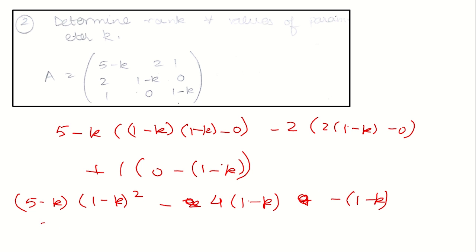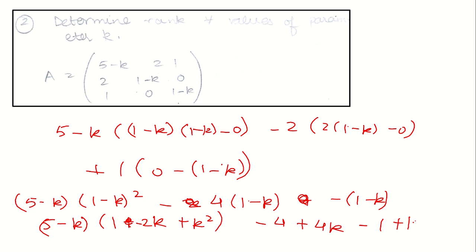Okay, so you have (5 minus k) into (1 minus 2k plus k square) minus 4 plus 4k minus 1 plus k. Okay, so this would actually be equal to (5 minus k) into (1 minus 2k plus k square) minus 5 plus 5k.